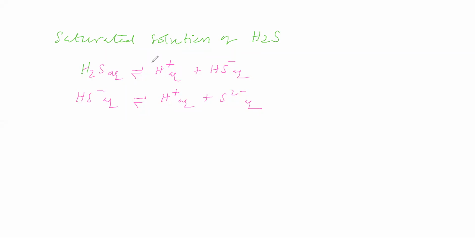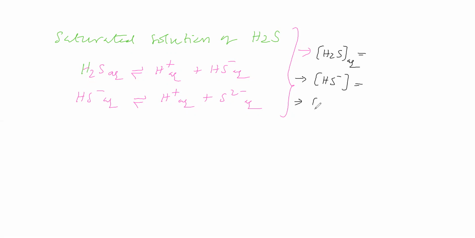Now in this solution, what are the species present? H2S aqueous is present, so we can say the concentration of H2S aqueous. HS minus is present, so we can say the concentration of HS minus.